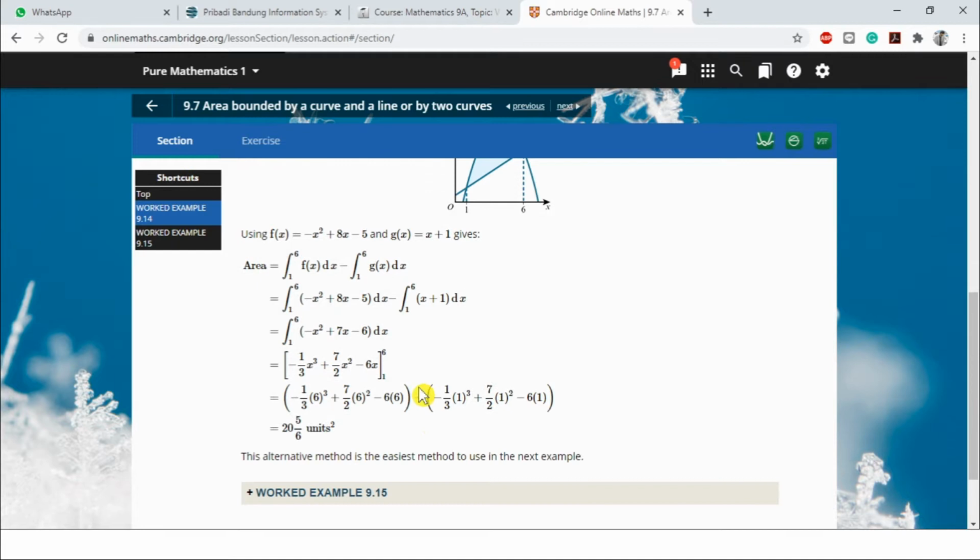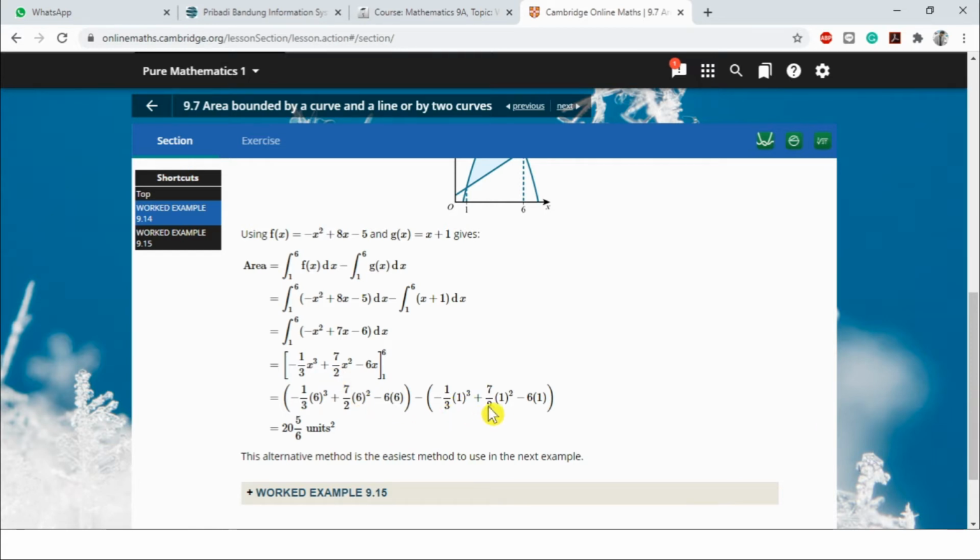After that, we perform the definite integration as usual. So we integrate one by one like this. Minus x squared will be minus x cubed over 3, plus 7x we integrate, it will be 7x squared over 2, and then minus 6x, and then the limit from 1 to 6. Firstly, we substitute x by 6, and then subtract by substituting x by 1.